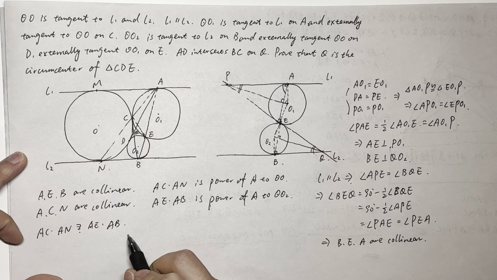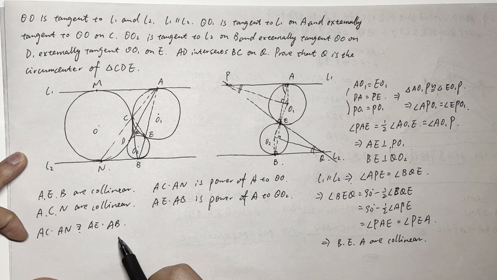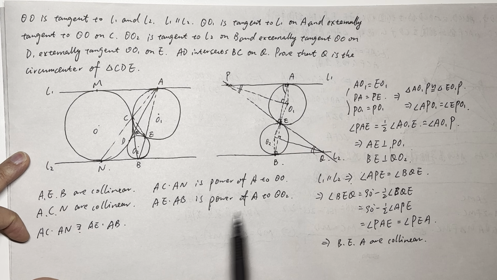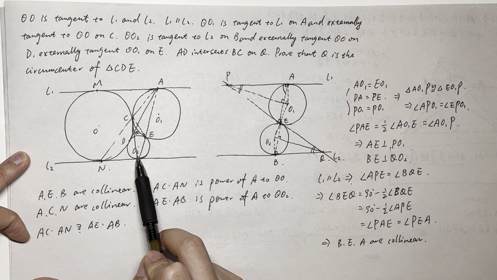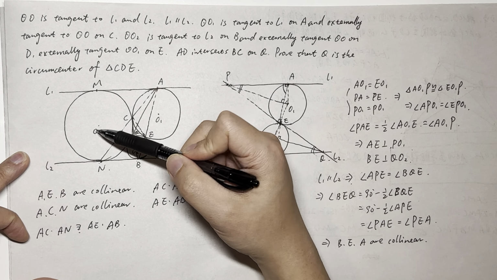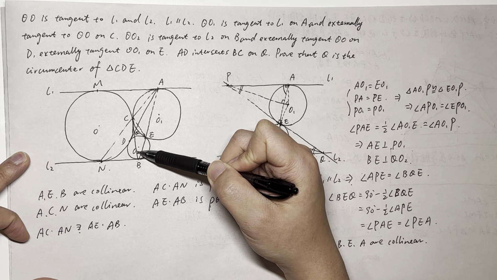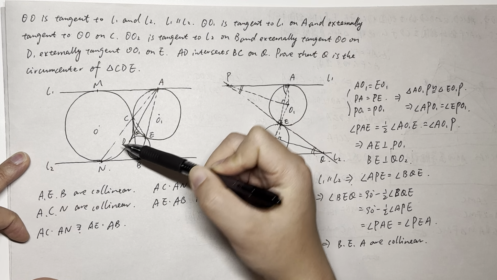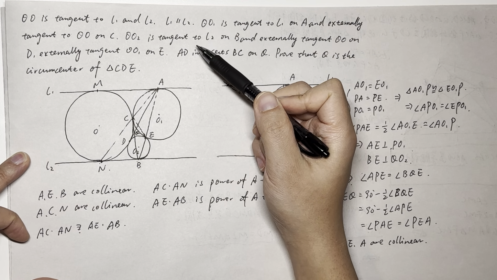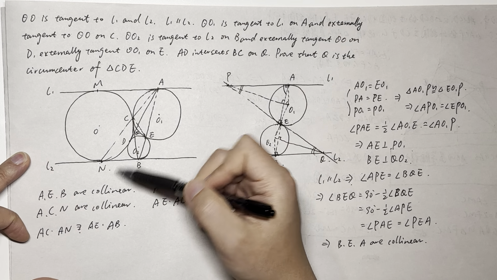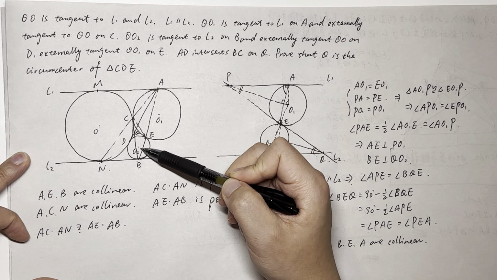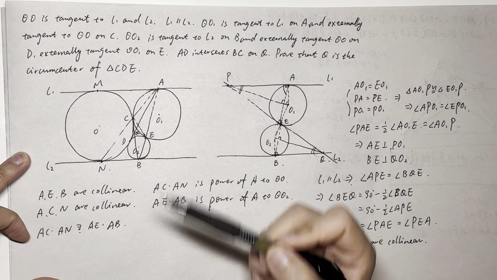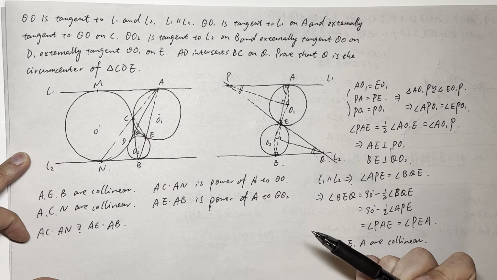If it's true, that means A is on the radical axis of circle O and circle O2. And we already know that circle O and circle O2 are tangent at point D, which means the common tangent line of circle O and circle O2 passes through point A, because that's the radical axis of circle O and circle O2.